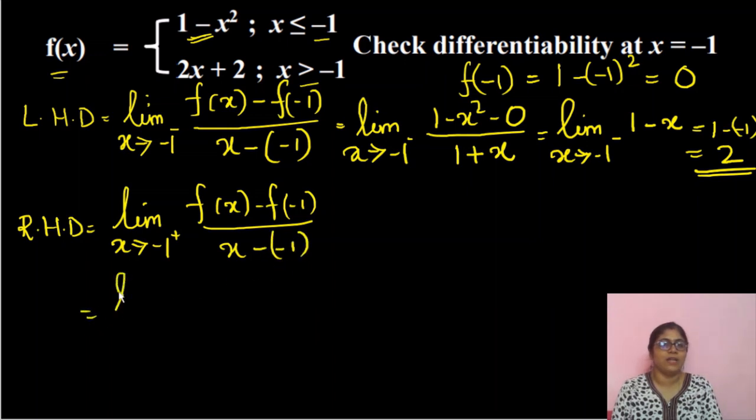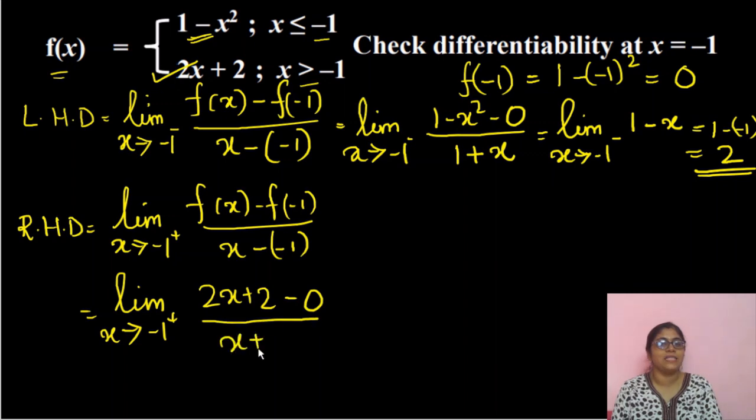So this is equal to the limit of x tends to minus 1 plus, f(x) is 2x plus 2 here, so 2x plus 2 minus 0 divided by x plus 1. By taking 2 common, we get x plus 1 here. So it will be the limit of x tends to minus 1 plus of (x plus 1) into 2 divided by x plus 1. So this is 2.